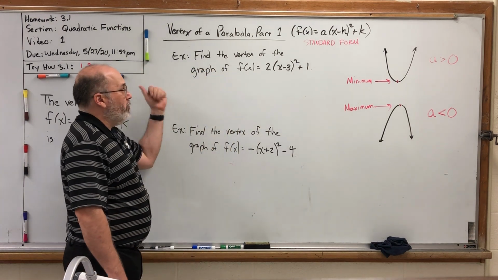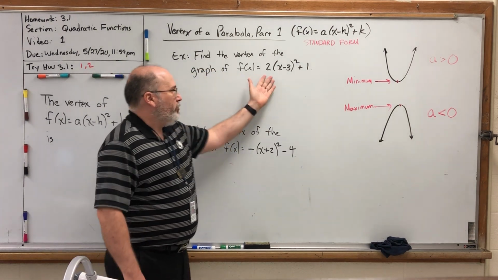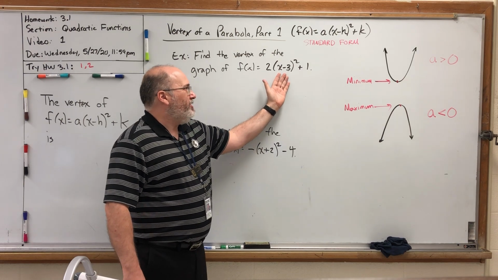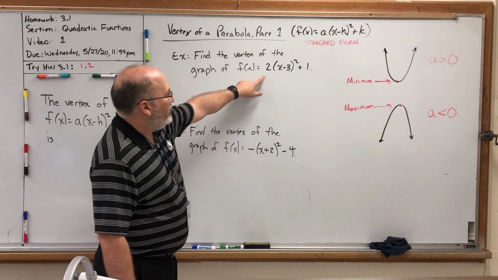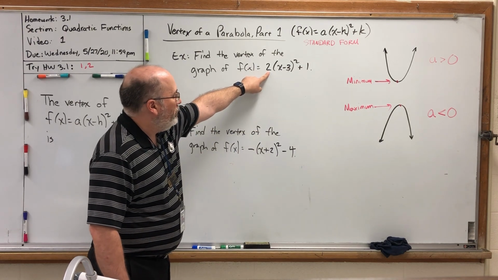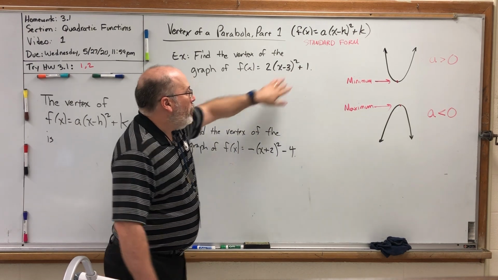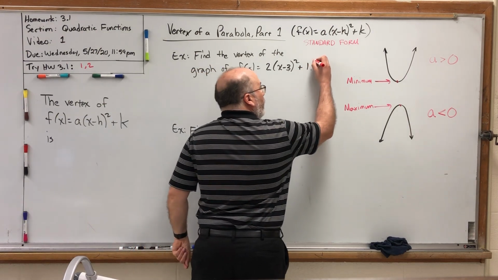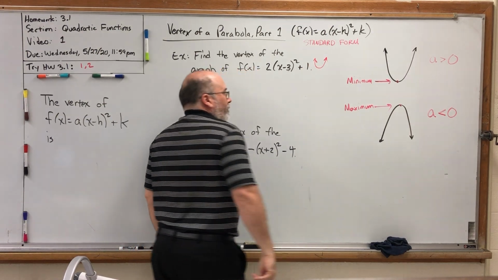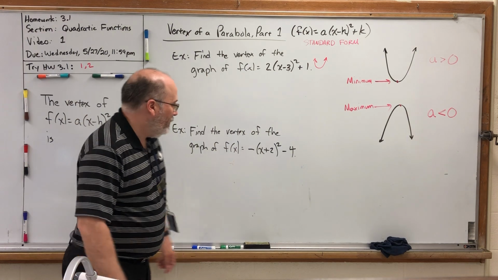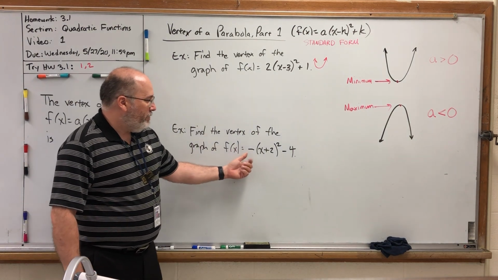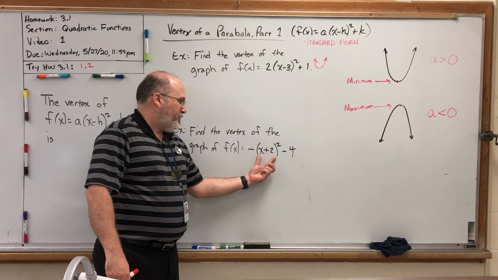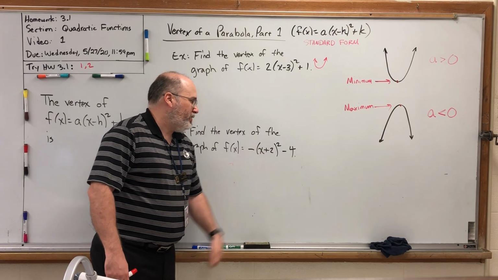For example, in this one, f of x equals 2 times the quantity x minus 3 squared plus 1. Because the leading coefficient will be 2, and that's greater than 0, we already know that this parabola is going to open up, and therefore the vertex will represent a minimum, as opposed to this one, f of x equals negative quantity x plus 2 squared minus 4.